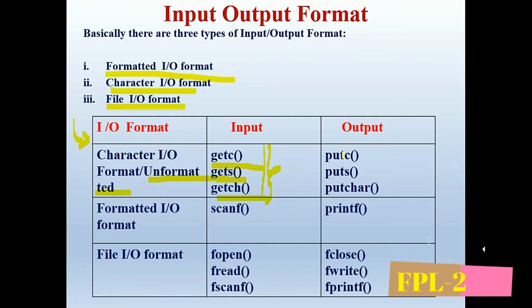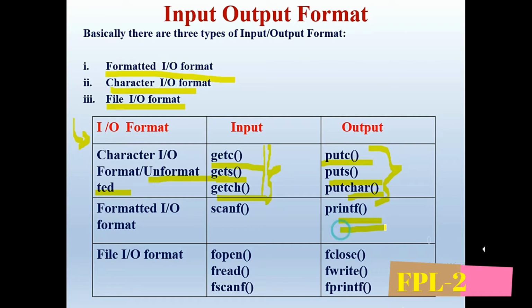In the same way, unformatted output functions are the functions which just print one value at a time on the monitor. They are putc, puts, putchar. If you want to format something, like if you want to print something and in between you want to write values and paragraphs and so many things, you will go for printf.